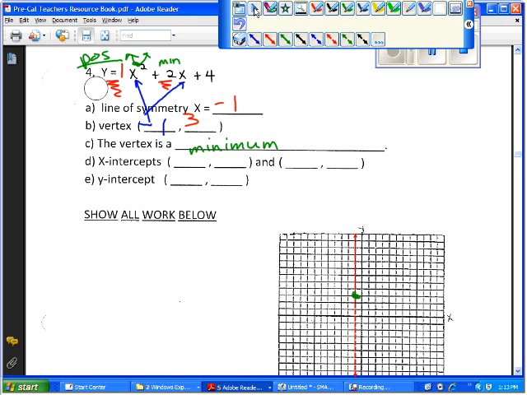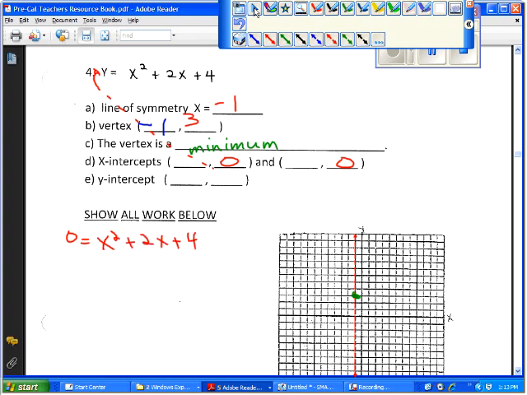It wants us to find the x-intercepts. The x-intercepts are the values of x when y is 0. So we would put that 0 in place of y and solve for x. So we would have 0 is equal to x squared plus 2x plus 4.